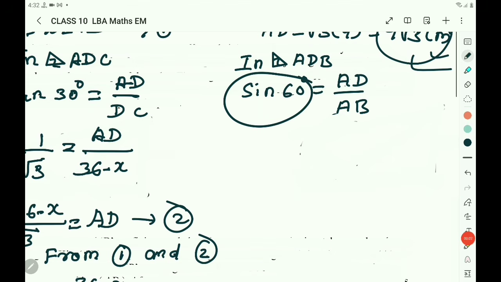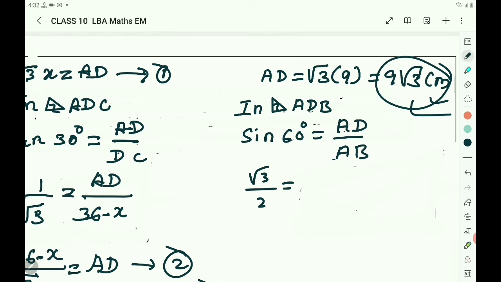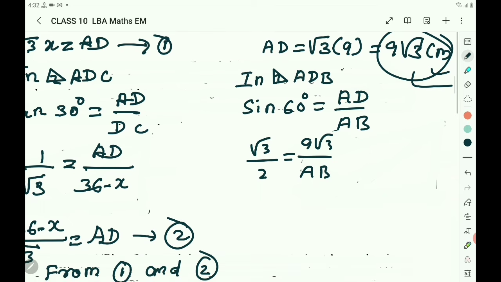Then what is the value of sin 60? Sin 60 is root 3 by 2 equals AD. AD is 9 root 3 by AB. Now you do the cross multiplication.